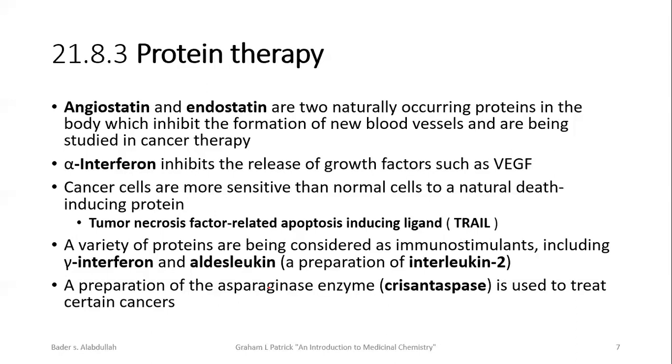Scientists think that if you give the asparaginase enzyme into the bloodstream, it will degrade the asparagine, and that will starve the cancer cells of asparagine from the blood supply. So a preparation of the asparaginase enzyme called crisantaspase is used nowadays to treat certain cancers. Actually, it is approved in the treatment of certain cancers.